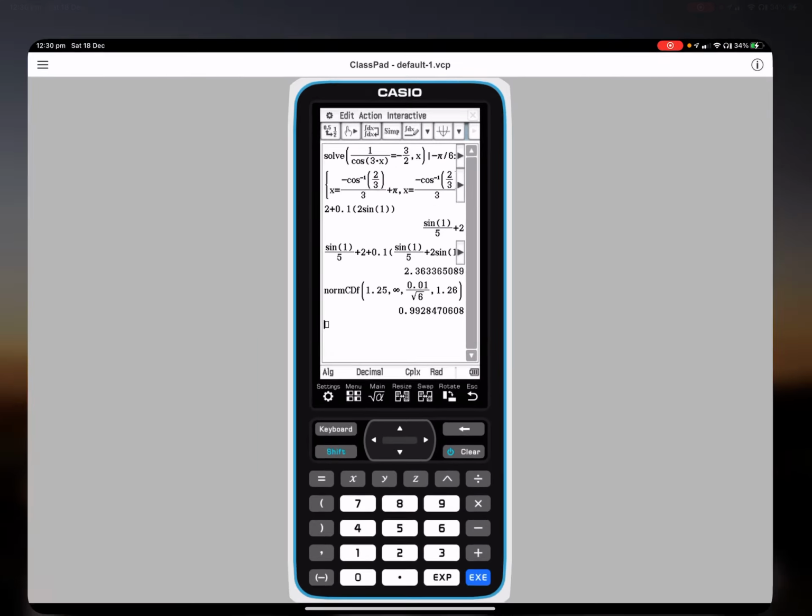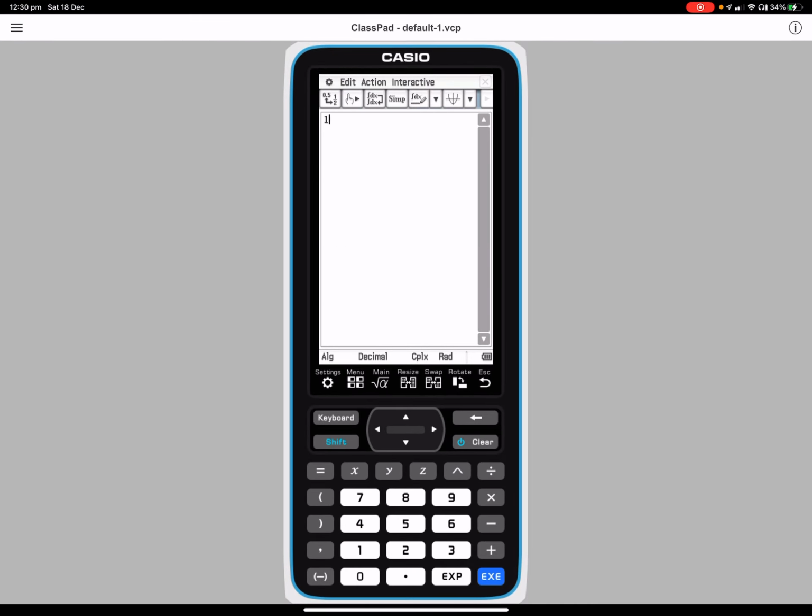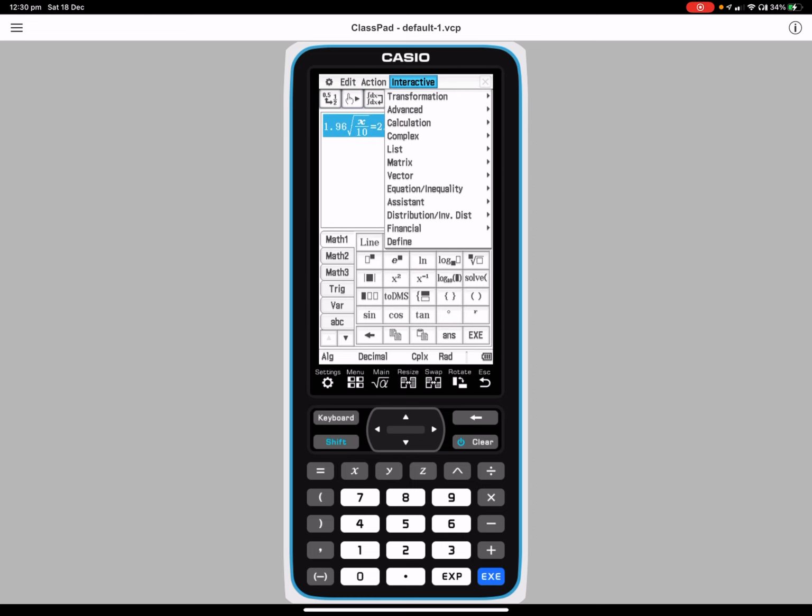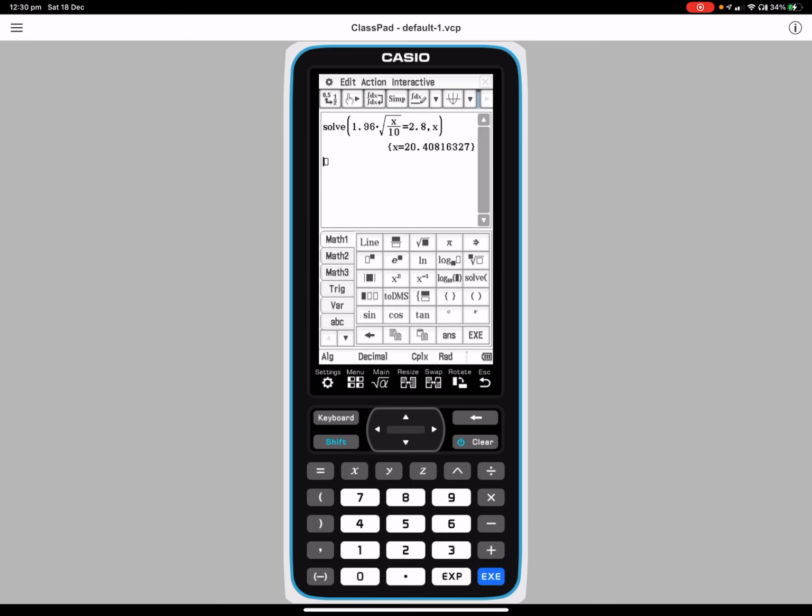So we can just solve that on our CAS. 1.96 times the square root of x on 10 is equal to 2.8. Solve for x, 20.48.